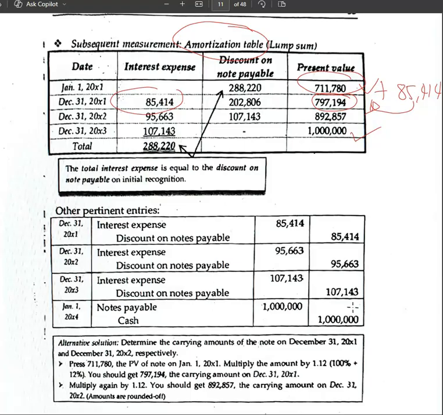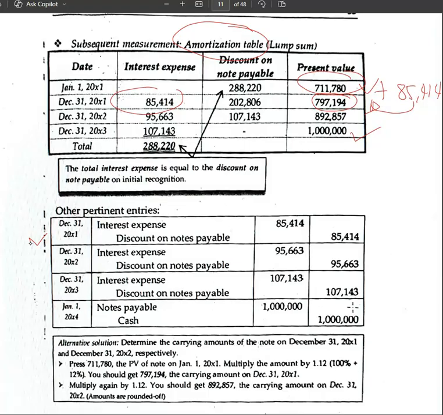Okay, on the first year, kailangan mo mag-amortize talaga every reporting date and every interest date. Sometimes yung interest date ay mag-fall siya other than the reporting date. Let's say every 6 months itong payment. For this type of notes payable, non-interest bearing note, this is due at once.